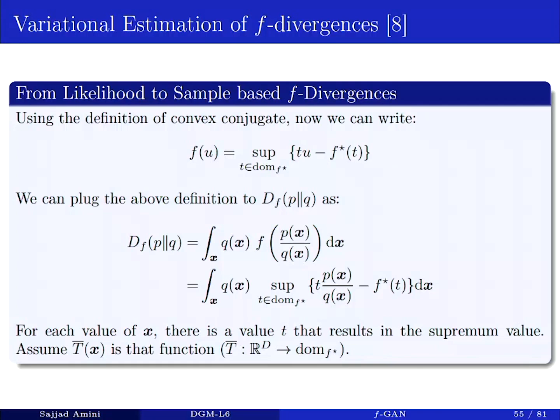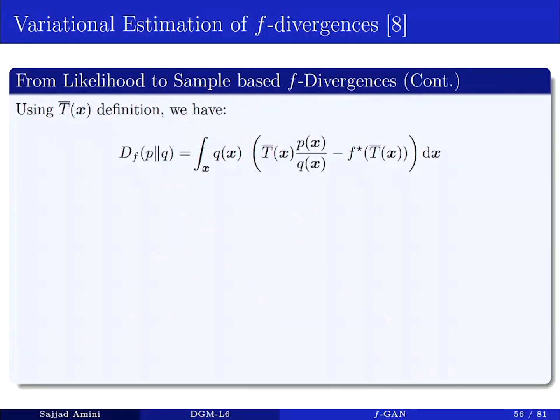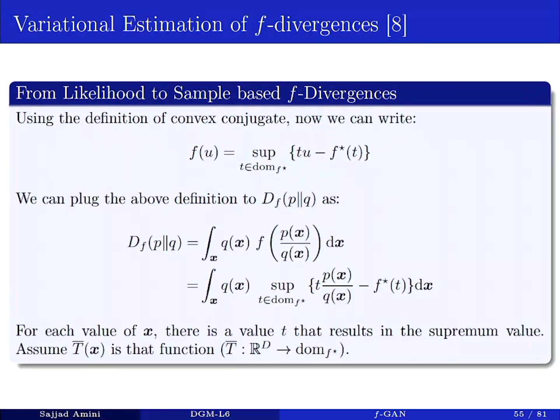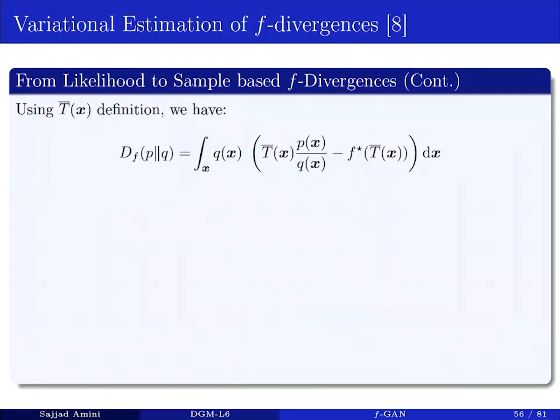So using this t bar, I can omit the supremum here, because it is responsible for generating the corresponding t. I omit the supremum and replace t with t bar of x. It is a function of x, because if you change x, the supremum will change. So I replace both t values here and here with t bar of x.